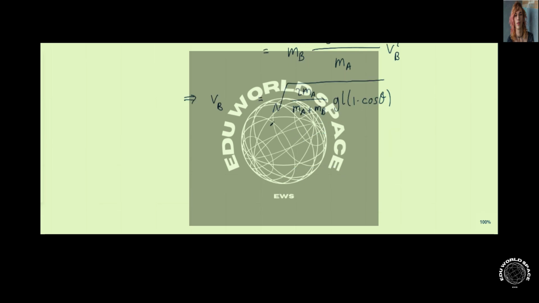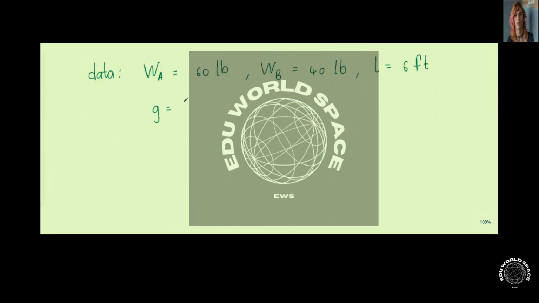So now, using this equation and writing down our given data as follows, we're given that the weight of A is 60 pounds, the weight of the block B is 40 pounds, L is 6 feet, where L is the length of the cable holding the block to the cart, g is 32.2 feet per square second, and the initial angle of release, theta, is equal to 25 degrees.